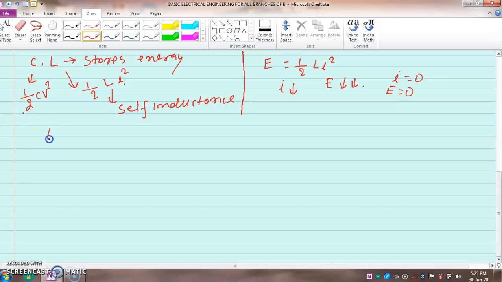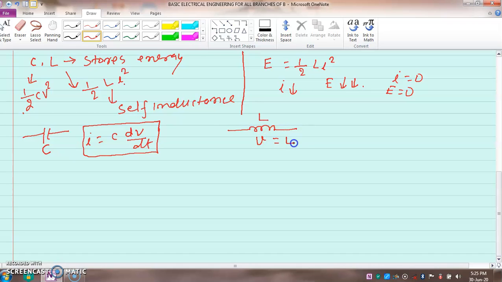Just a brief recall here. In a capacitor, I equals C dV by dt. You have to keep this relation in mind to solve problems. And for an inductor, L is there, so voltage in an inductor is L di by dt, where I is the current flowing.